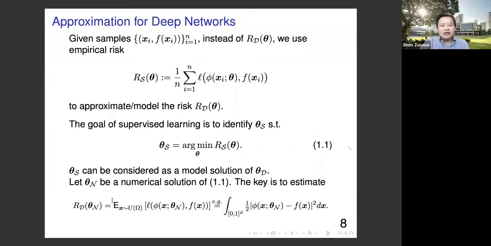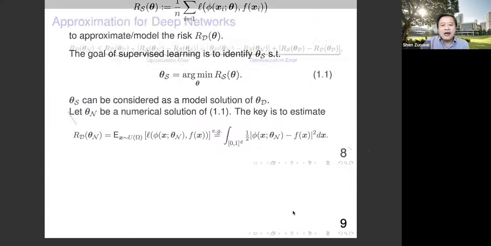So practically, we talk about the approximation by a deep neural network. Essentially you want to find the error R_D at theta_N. That's the error you want to estimate.